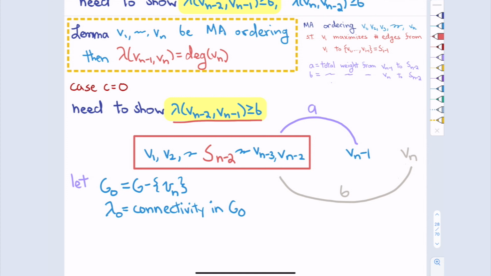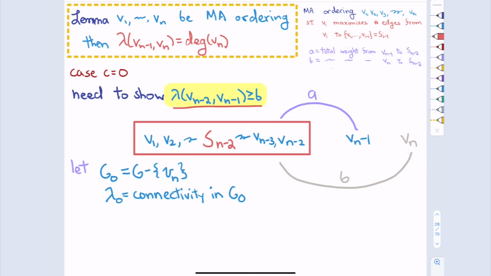What we're going to do is think about the graph where I get rid of Vn. So think about the graph induced by just the first n minus 1 vertices. I'm calling that G sub 0. Now, what's convenient about these MA orderings is that I've ordered the numbers from 1 to n, but now I'm ignoring the last vertex.